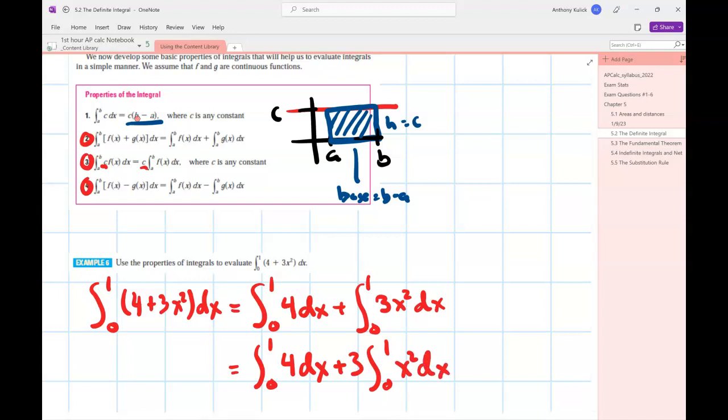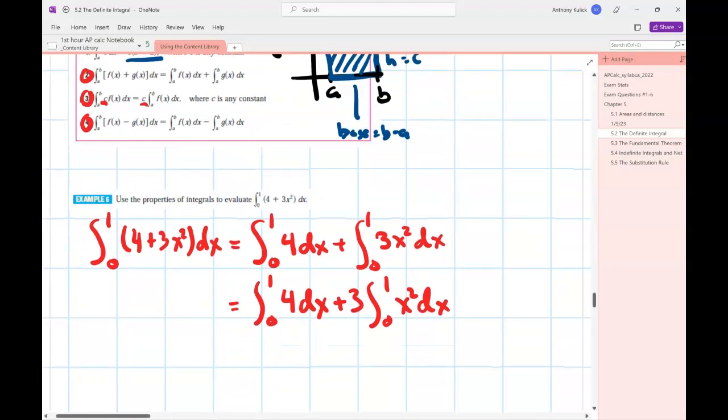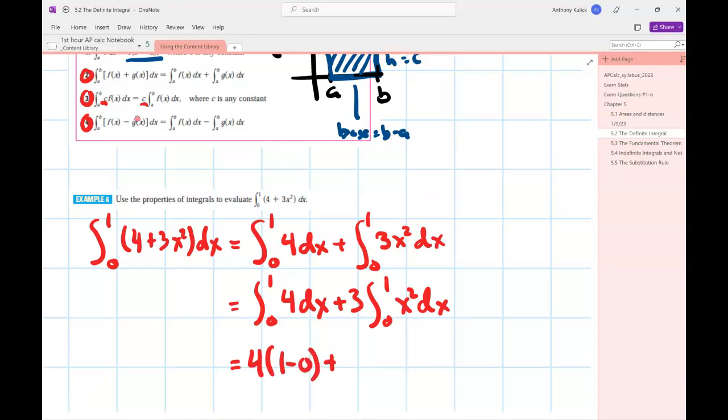I'm not going to bother doing that with the first integral because there is no x in there, so I don't have to worry about that. So this, using property 1, is going to be c times a minus b.